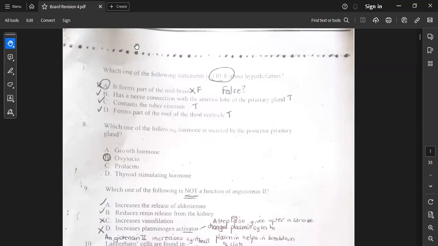Yeah, the hypothalamus forms the lateral walls of the third ventricle. So that makes C the correct answer, the true statement.